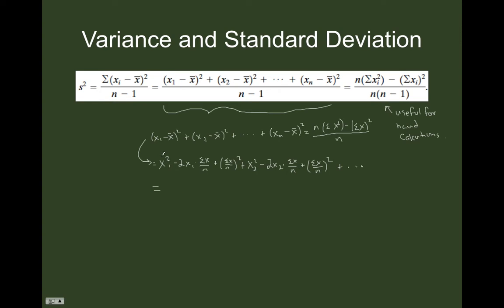Notice that in the very first term in each one of these sets, I've got x1 squared plus x2 squared, and then down here the next one would be x3 squared, etc. So what that actually equals is the sum of the x squareds.